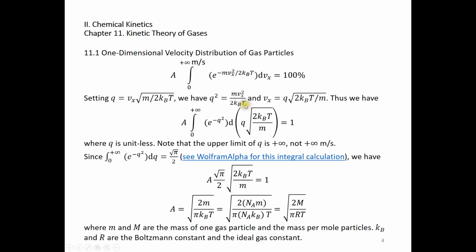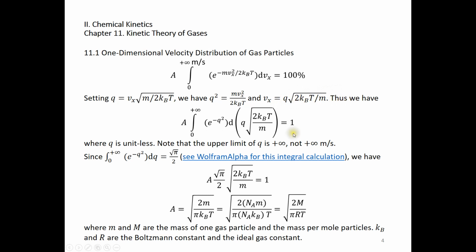Again, we'll just have to make sure this integral is 100%, and we set q to be proportional to the speed. It's speed times the square root of m over 2kBT. Now we have q squared is mV squared over 2kBT, and Vx is equal to q times the square root of 2kBT over m.